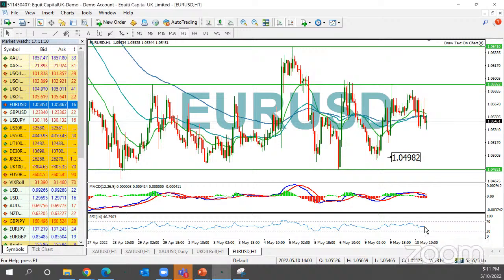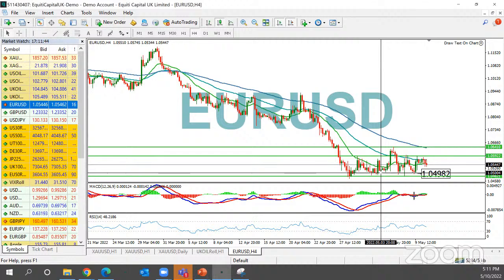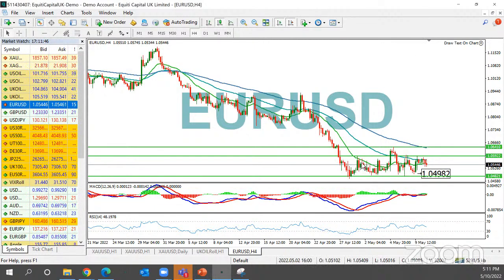So it's more biased to the downside, especially also with the MACD. There is a crossover that happened here, and we're seeing prices going almost to negative territory. If you look at the 4-hour chart MACD, you could see there were many crosses happening, especially near the zero area, which confirms that there is a narrow range happening.